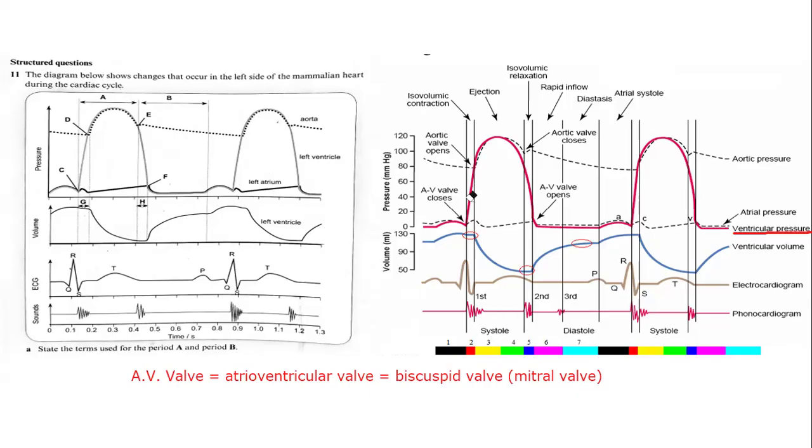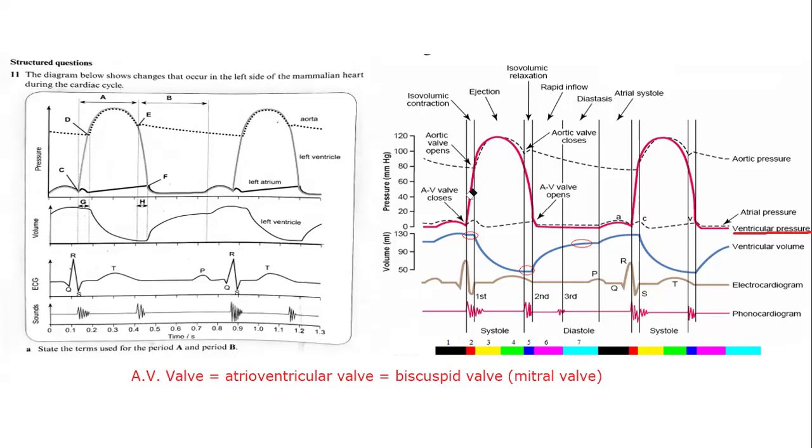So here, the ventricular pressure continues to increase, so much so that it finally exceeds the atrial pressure, and it exceeds the aortic pressure.